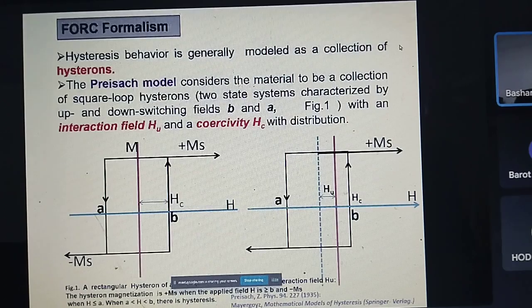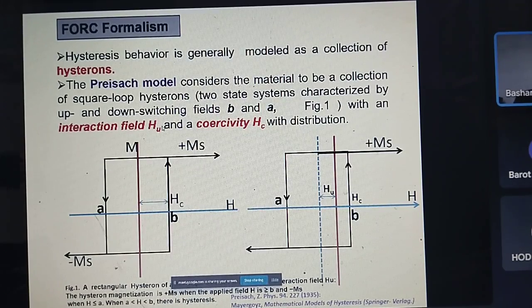Now, when we talk about a magnetic system, we model it by saying that it is made up of small particles. Basically, they can be nanodots, or they can be particles which have aggregated together to form a magnetic system.